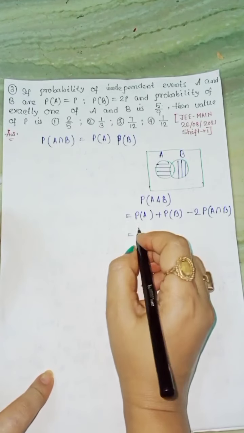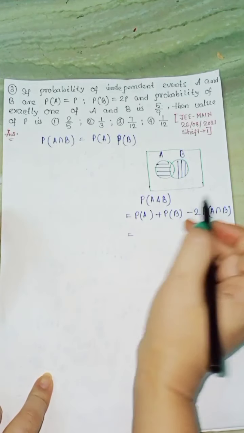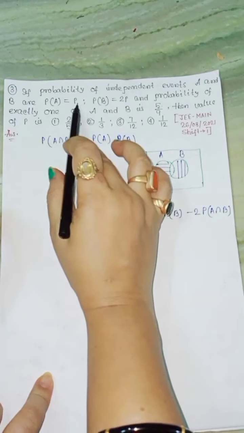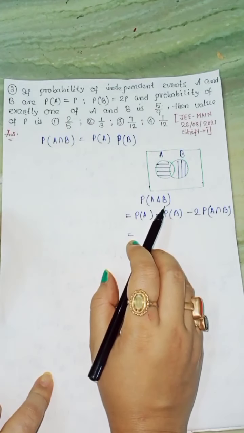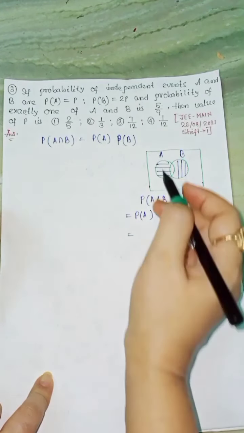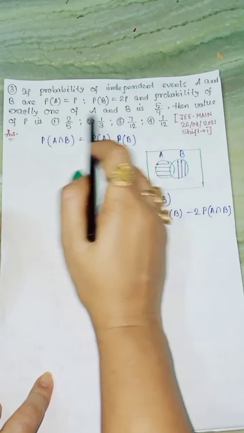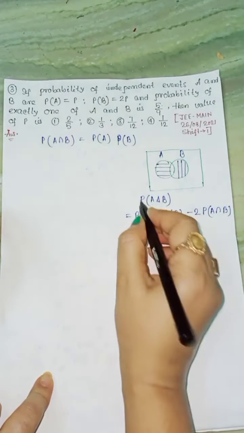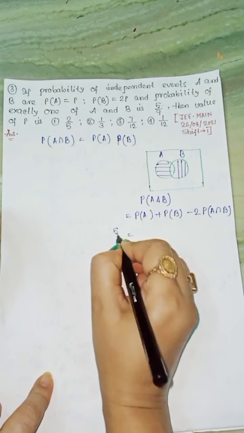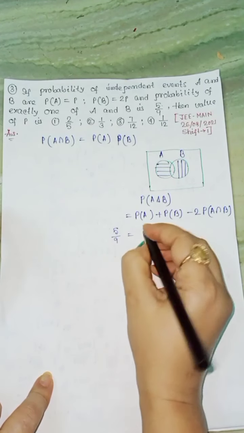But P(A) and P(B) are given here, that is P(A) is equal to p and P(B) is equal to 2p, and the probability of exactly one is also given, 5/9. So we may write 5/9 is equal to what?